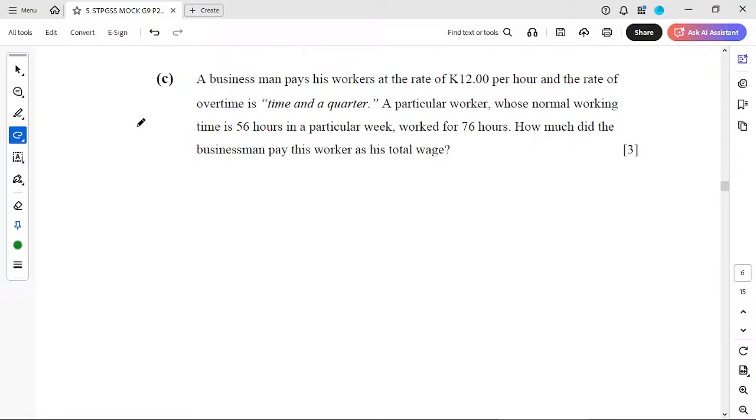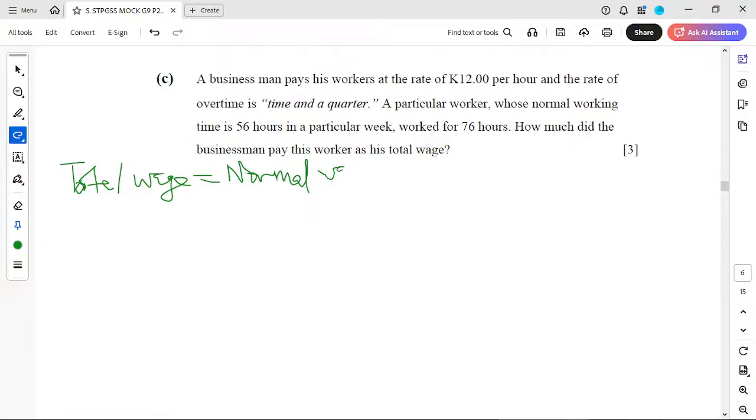Okay, so to find the total wage for this worker, we're going to say total wage is equal to normal wage or normal salary for normal hours.